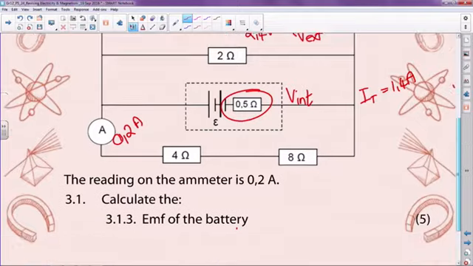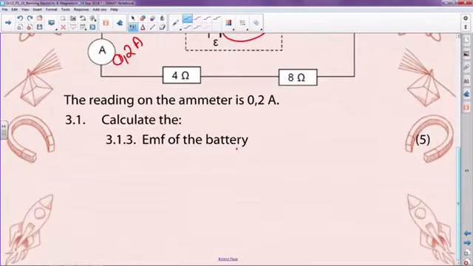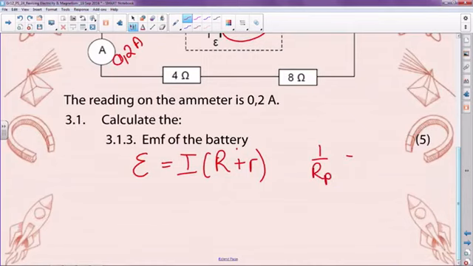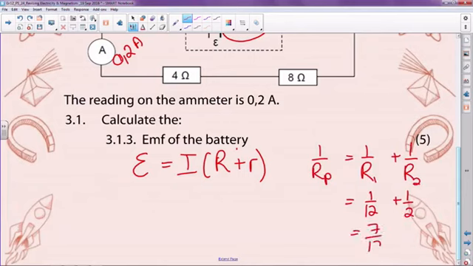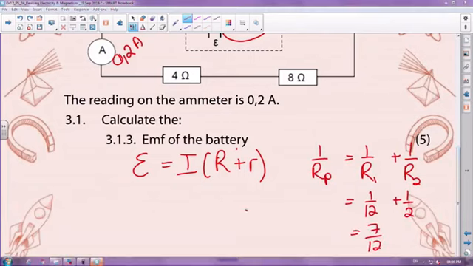So, watch here. This is what we need to get to. EMF is I(R plus r). R total is the resistance in parallel. So I've got to go 1 over R1 plus 1 over R2, which means 1 over 12 plus 1 over 2. That gives me 7 over 12. You're going to have to believe me, I'm running out of time, so I want to make sure we get all the maths in.